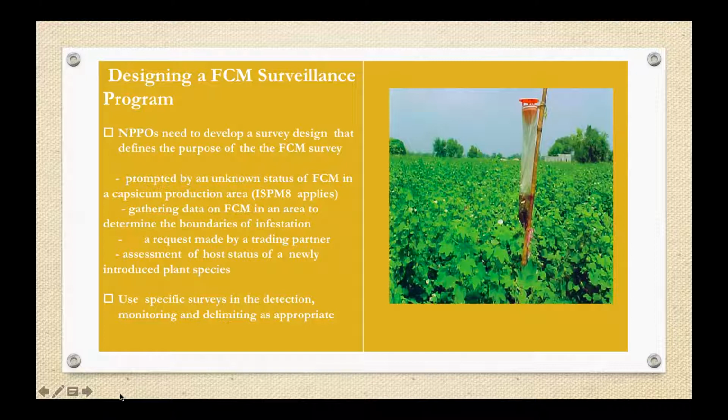You've just introduced a new crop species in your country, and you might want to know whether this crop species is a host to false codling moth. So in all these instances, you use specific surveys to detect it, monitor how it's behaving, or delimit it as appropriate.